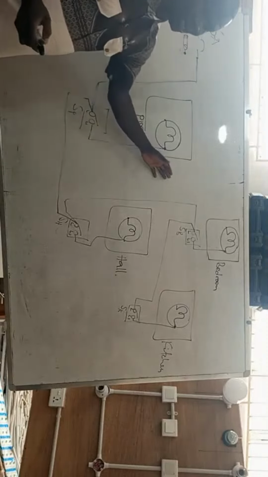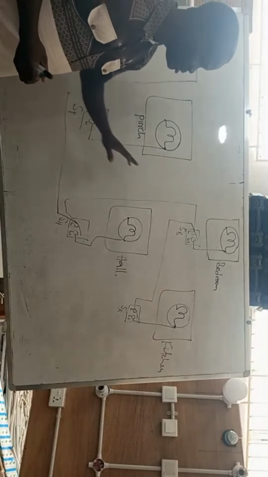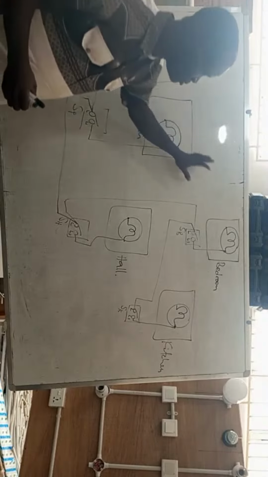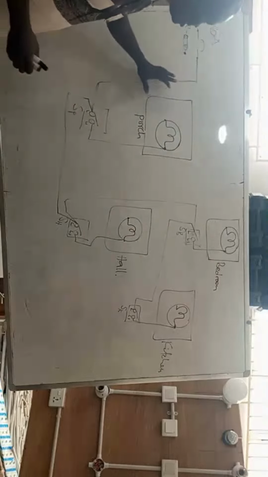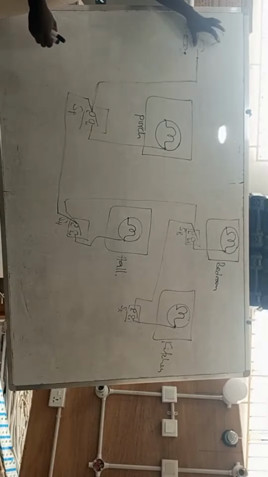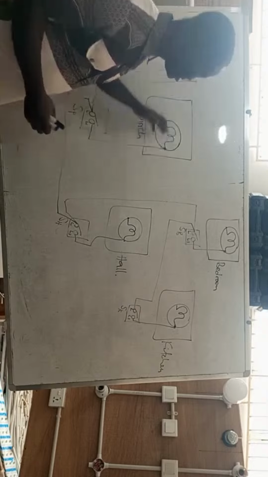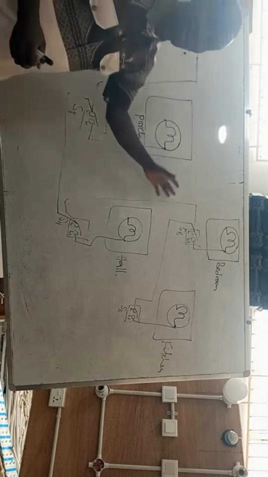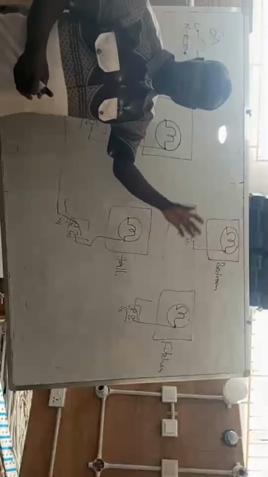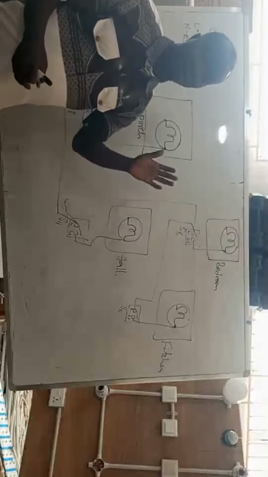In a wiring like this, because all the lamps are in the same circuit, connected to one circuit breaker, we can just provide the same neutral and loop them throughout all the lamps.